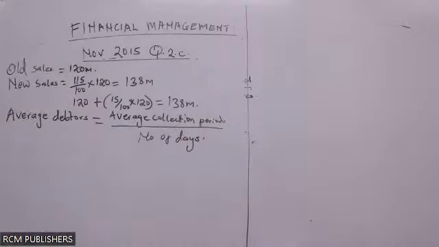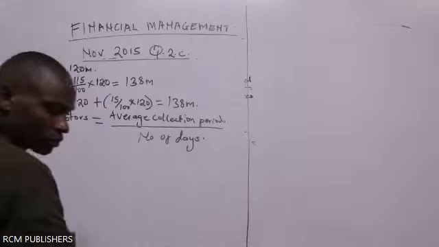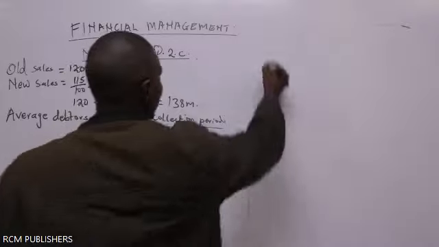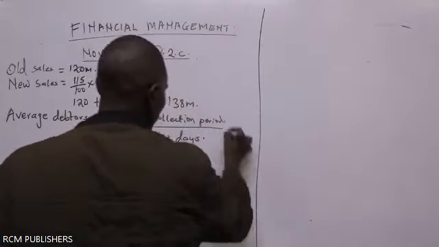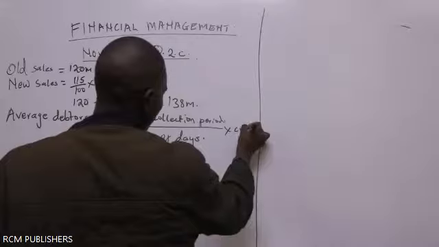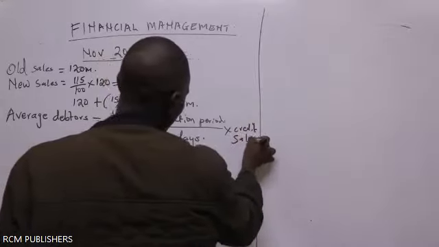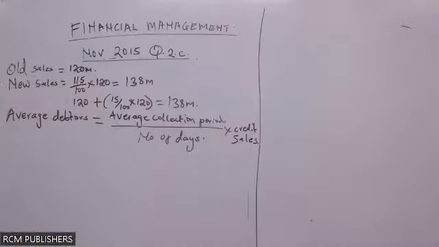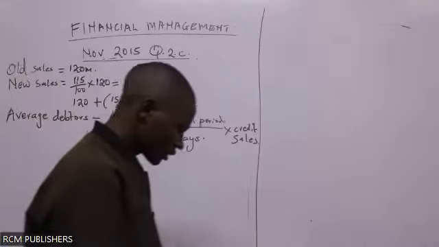I don't know if we have been given the correction period here. So the correction period of debtors times credit sale. Write this formula first. Have we been given the correction period?